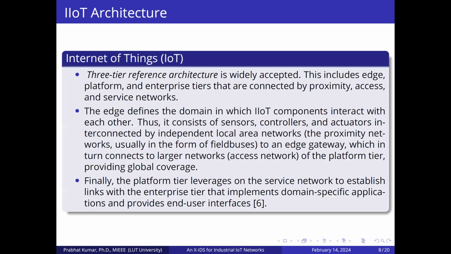Ultimately, you have a business platform sitting on top, from where you take decisions, and there will be applications which use the collected data and send you controls or decisions based on the analysis done on the top layer.